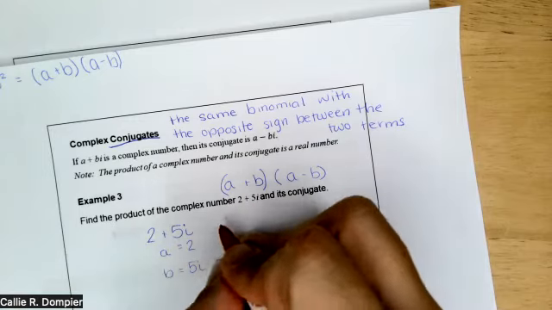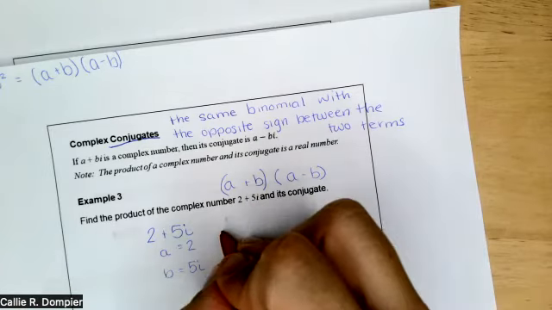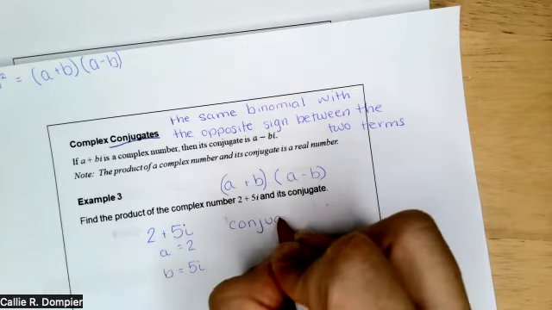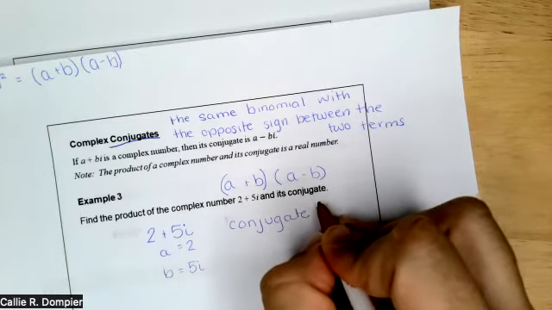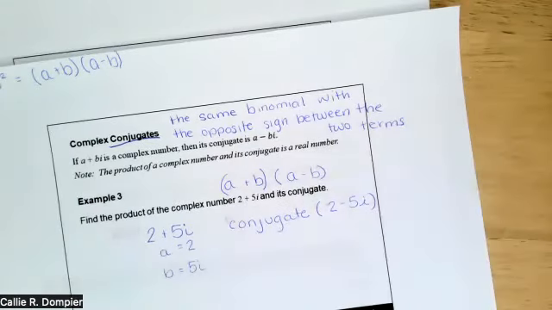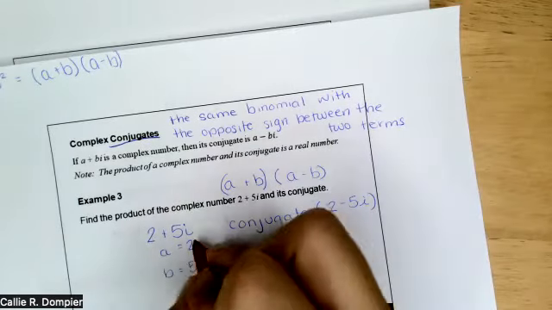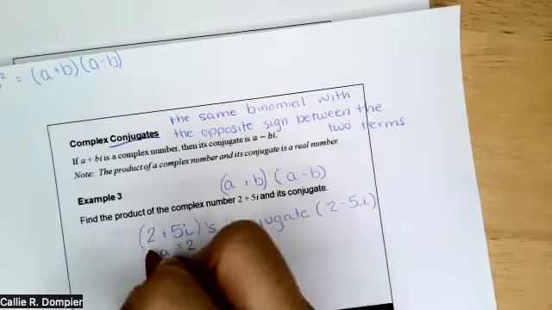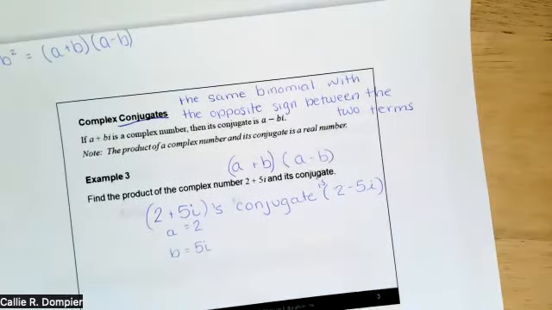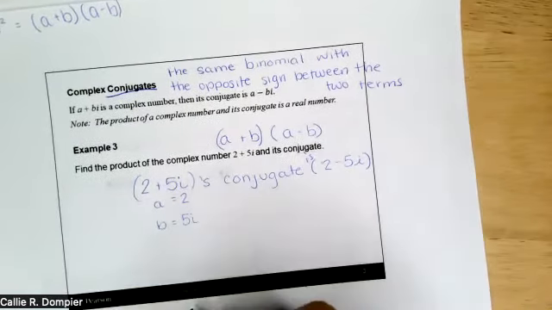So the complex conjugate is 2 minus 5i. 2 plus 5i's conjugate is 2 minus 5i. So they want to know what the product is.